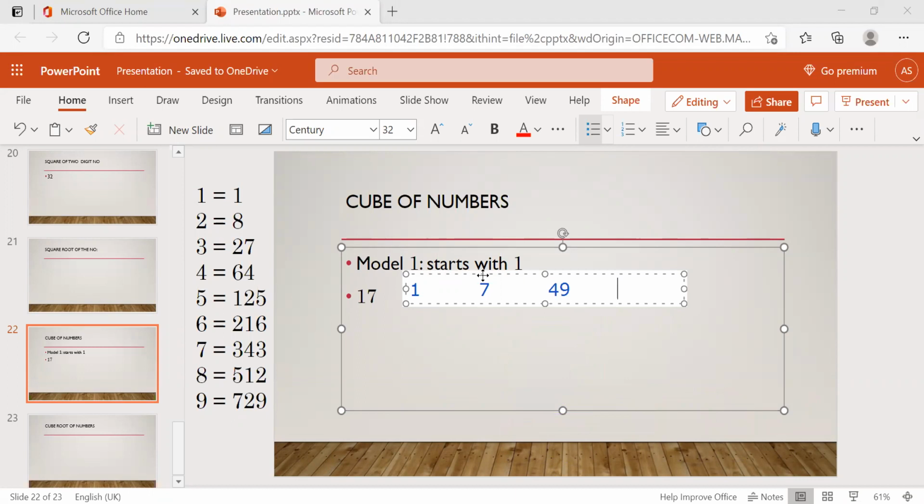What is 7 cube? 343. Now, what I said, I just double the middle numbers. 7 doubled is 14, and 49 doubled is 98, right?